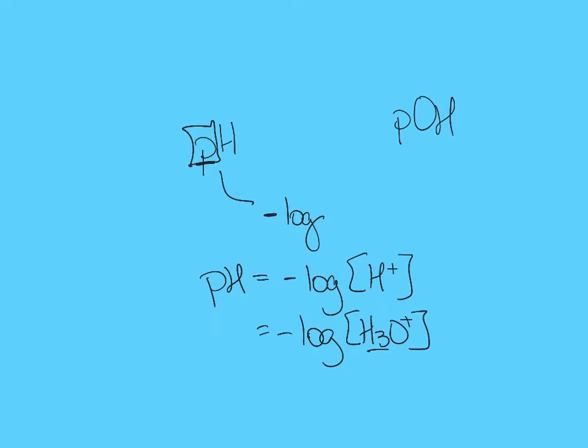Because remember, this is real, okay? We don't have H pluses floating around in water. pH literally stands for, in French, pouvoir hydrogène, which literally translated means hydrogen power. So that's where the term comes from.